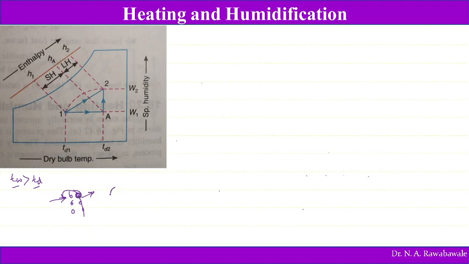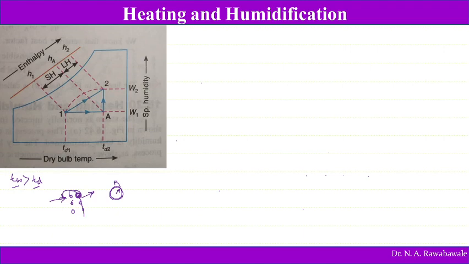Say for example this is the droplet: the outermost layer gets evaporated, absorbing latent heat from the inner core, so the inner droplet is cooled. This evaporated water gets mixed with the air. So the heat of vaporization is absorbed from the spray water itself and it gets cooled.